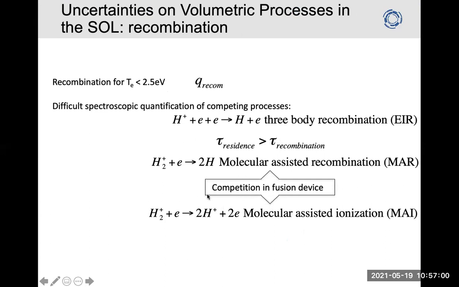But in a fusion device, this is often in competition with this reionization process. And it's very sensitive, depending on the availability of molecules and the temperature of the electrons. So it's a debate. It's definitely a process that plays a role, but it is expected that for a large device like ITER or DEMO, this process here is dominant.